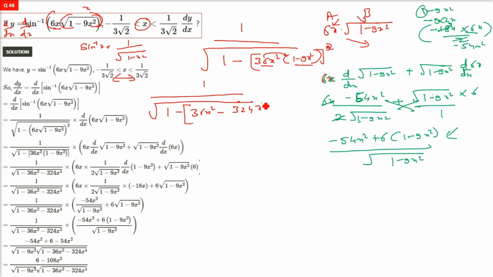I can tell you that it will be 2 sine theta cos theta, that will be going to be sine 2 theta. That sine and sine inverse will cancel. I'm just giving you a hint. Those who really want to attempt it, bringing sine theta in place of 6x under root 1 minus 9x square, this 9x square and 6x can be converted.